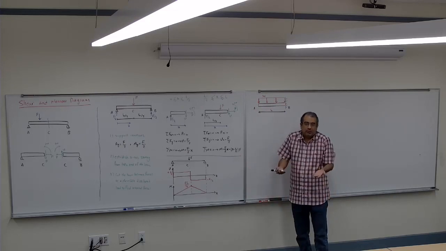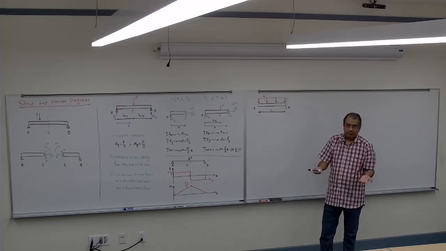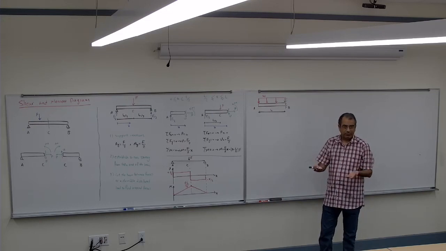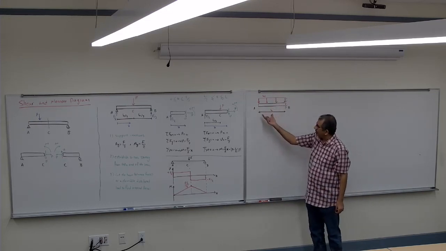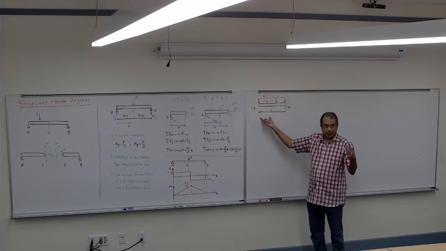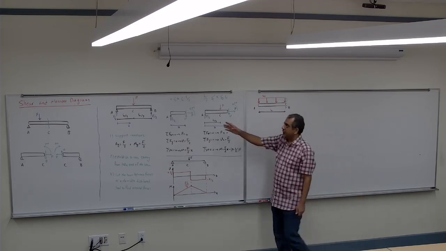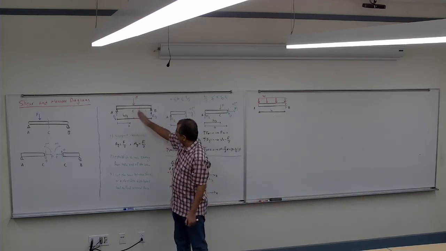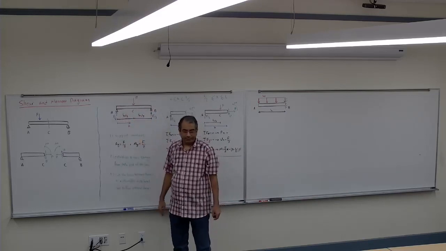So I don't need to find the reaction of the support. If I do find it, it's not going to hurt, you are just calculating something that you're not going to use. So remember that if you are cutting and you keep the part that doesn't have a reaction, you don't need to calculate the reaction at the first step. Here in this one, there was no way that I cut it and didn't end up using the reaction.